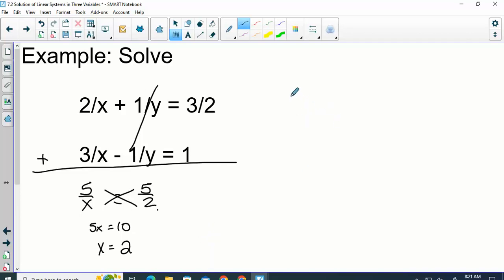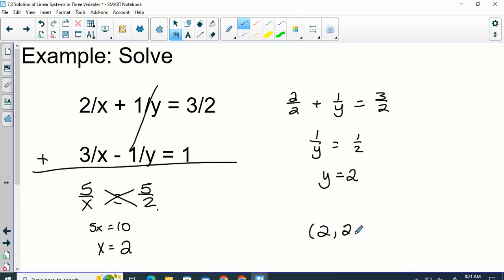Okay, then plug that back in. X is not equal to 10, it's equal to 2. 2 over 2 is 1. Subtract that over first. So 1 over y equals 1/2. So y is 2. So this one only had 2 variables, but just a fun one for the day to see how you would handle the fractions.